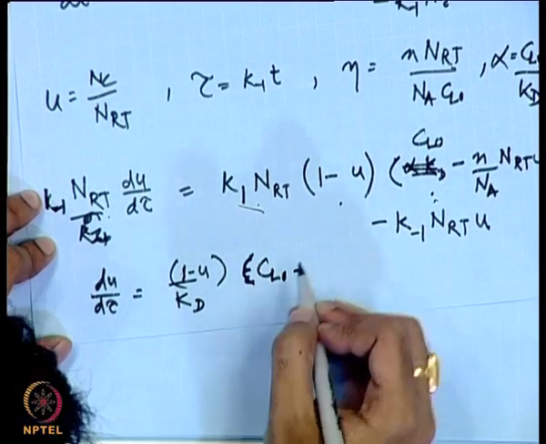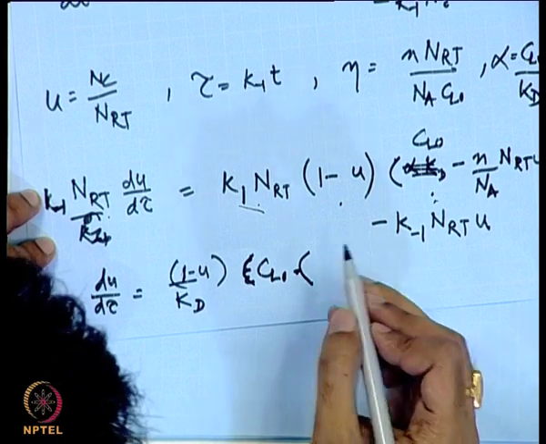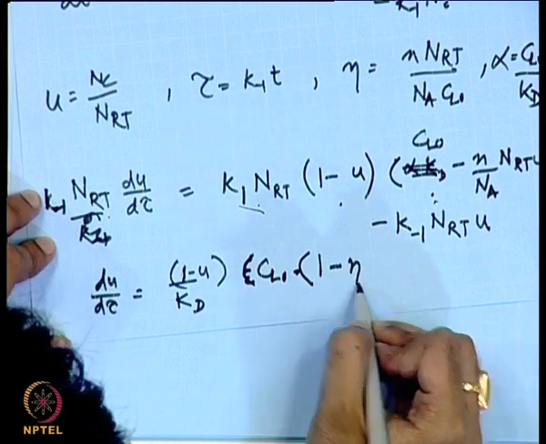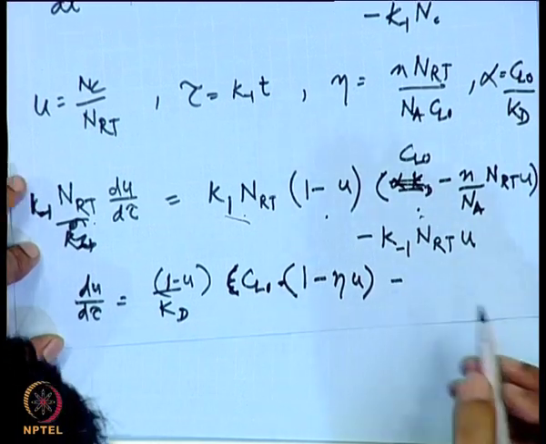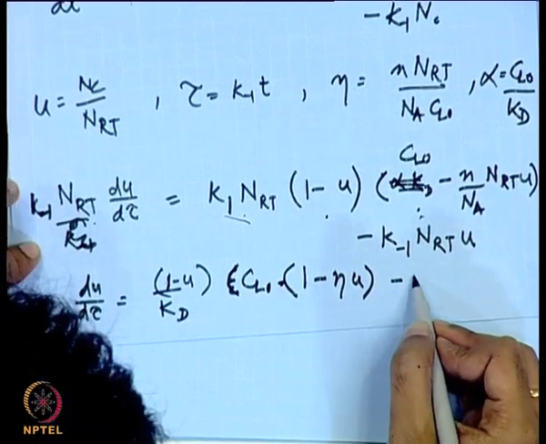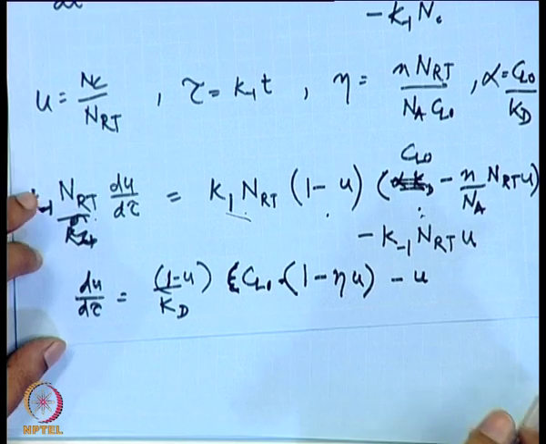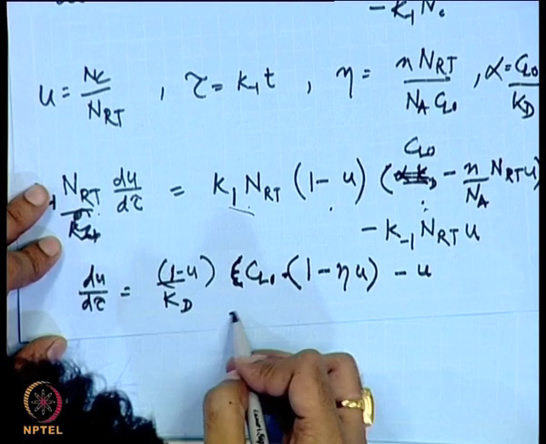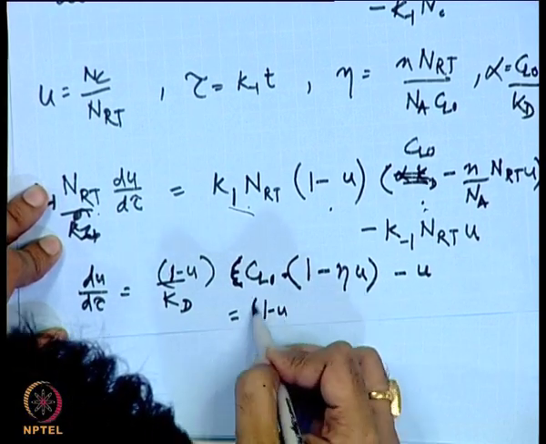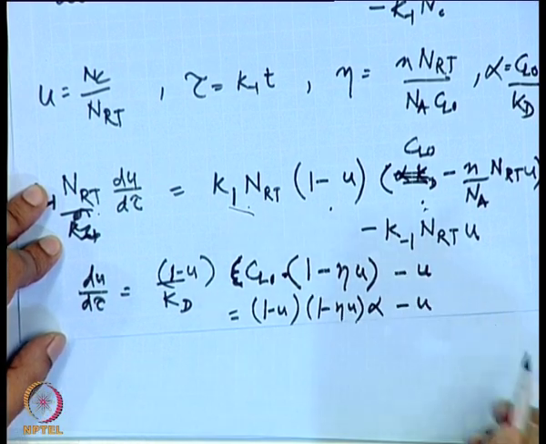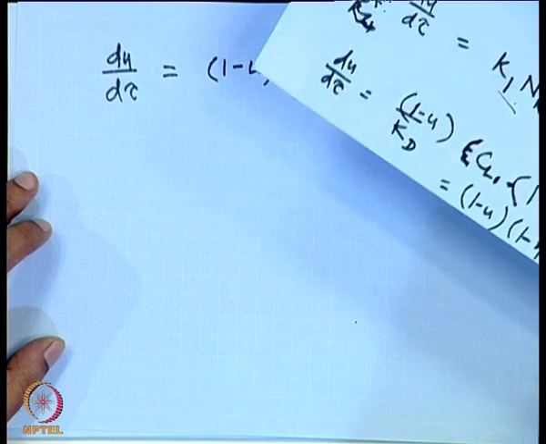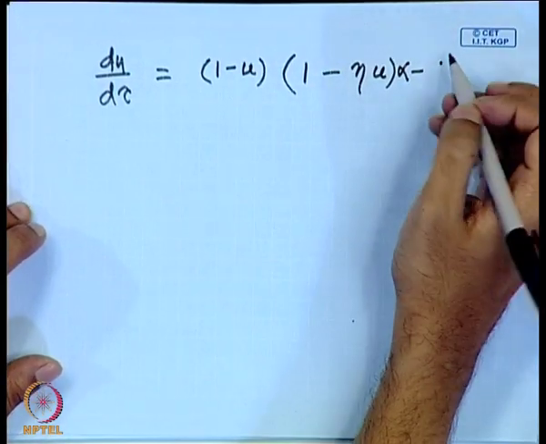Cl naught I can take out, so this will have 1 minus eta times U, minus U, fine. So this is 1 minus U times 1 minus eta U times alpha, minus U.